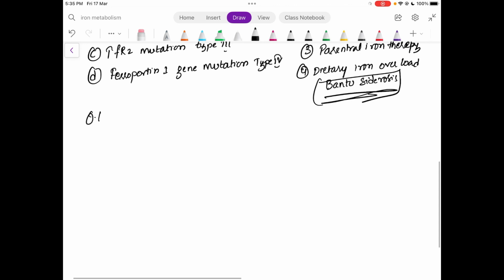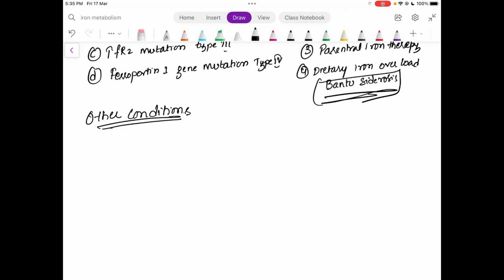And there are other conditions which are not directly related to iron, but they are associated conditions which will cause increased iron overload.